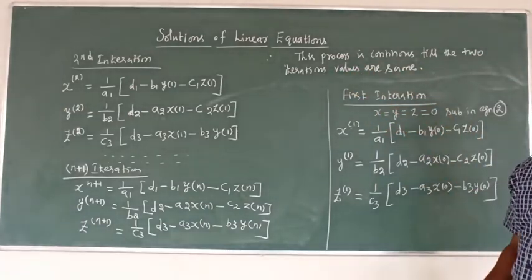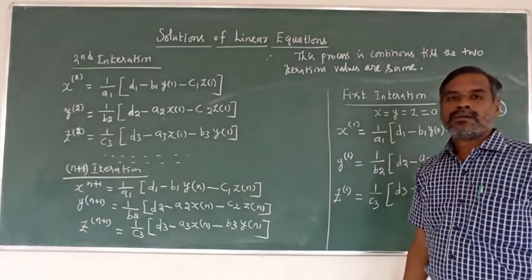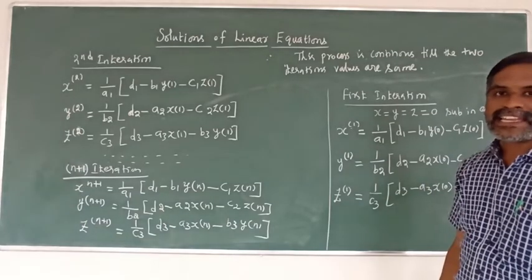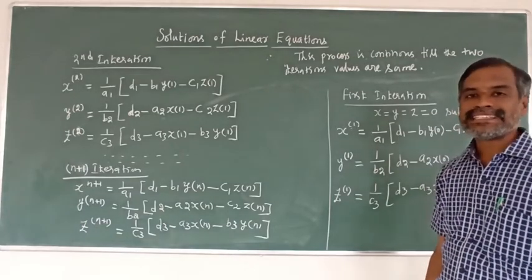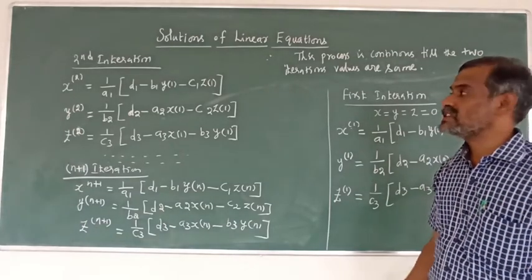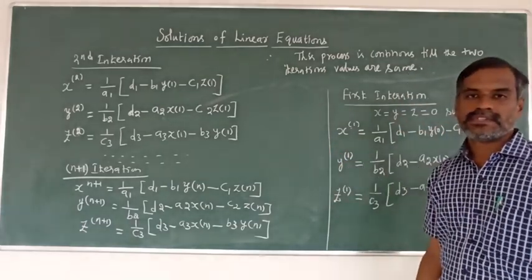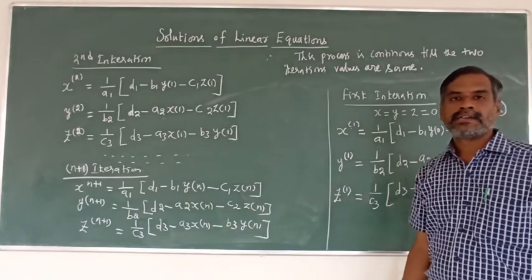Then we can stop the process. We finally get the x value, y value, z value by using the Gauss-Jacobi method. Okay, thank you.